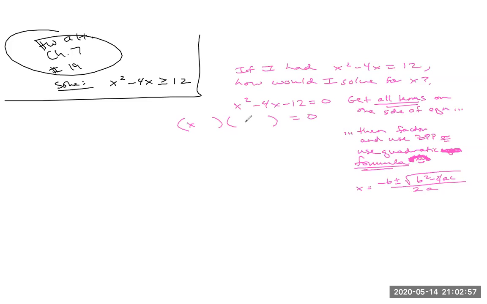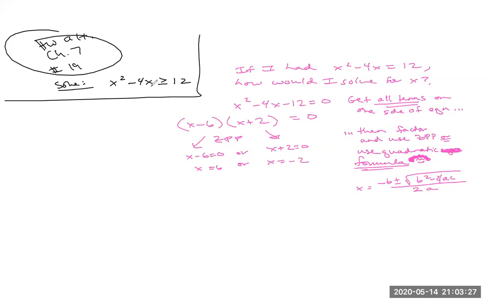I'm going to have x minus 6, x plus 2. And then the zero product property. Okay, so that's how we would solve.